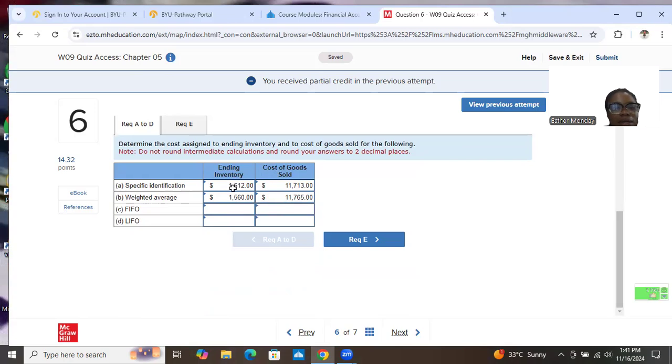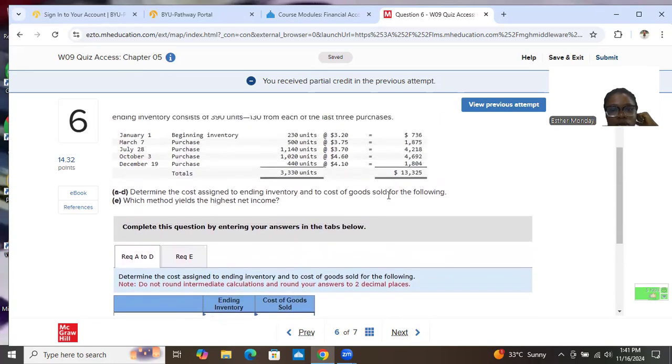So here I already put down the ending inventory for specific identification. Like I said, for specific identification, in order to find the ending inventory, you need to calculate the cost of goods sold from here, like 230, 500. And remember that 130 has been subtracted, 130 is still remaining from the last three purchases.